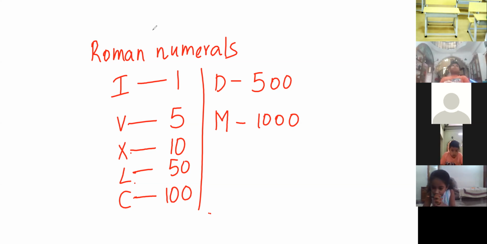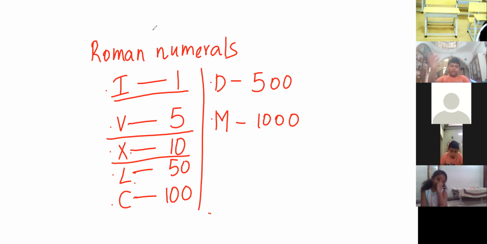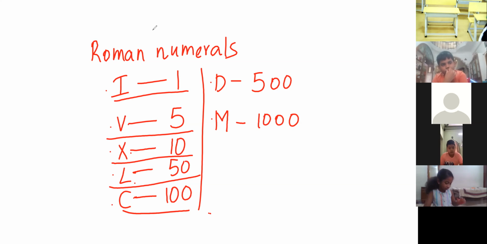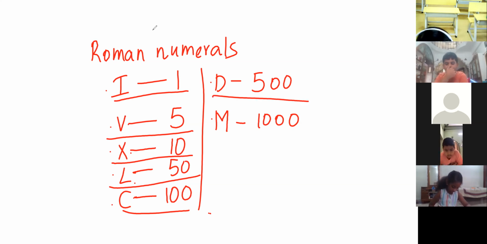They are I, V, X, L, C, D and M. Got it, children? The values are: I is 1, V is 5, X is 10, L is 50, C is 100, D is 500, and M is 1000.